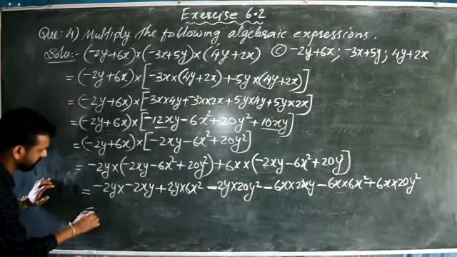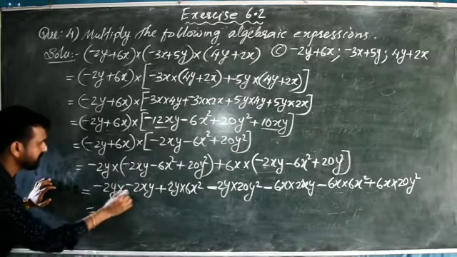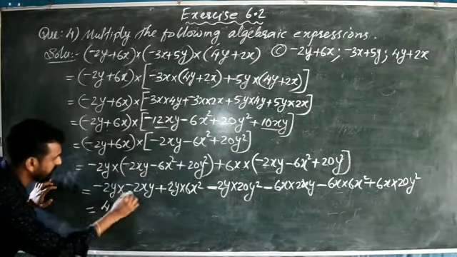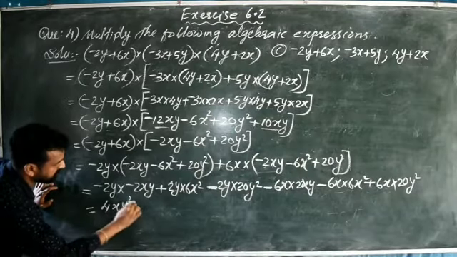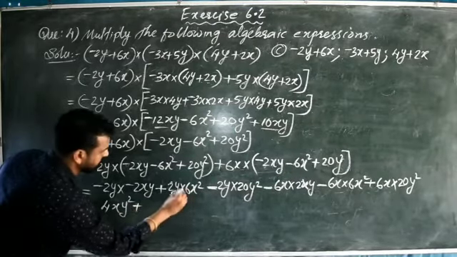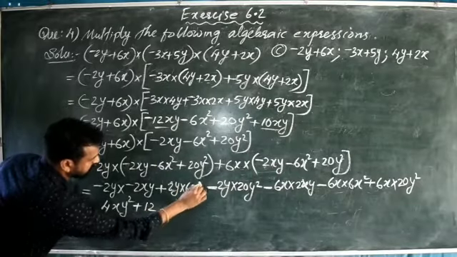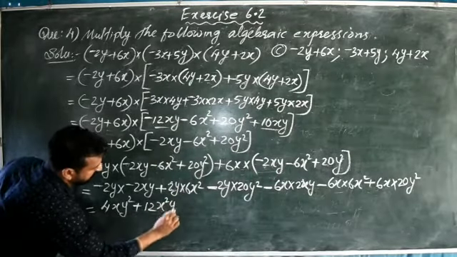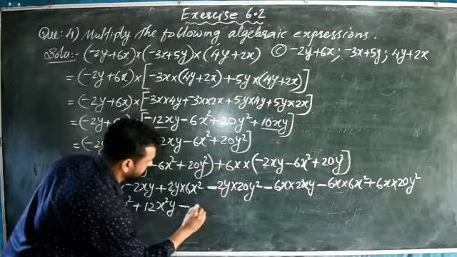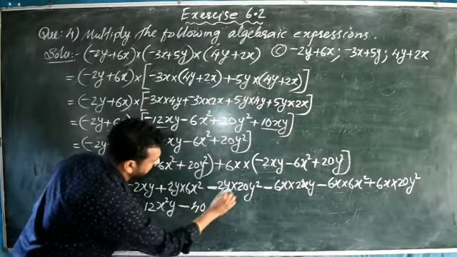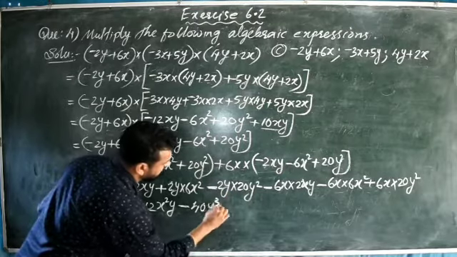Now multiply it. That is equal to minus into minus, plus, 2 2s are 4, y into xy, x is only 1, y into y, it will come y square, so 4xy square. Plus 6 2s are 12 x square y. Minus 2 into 20, that is 40, y into y square, y cube.